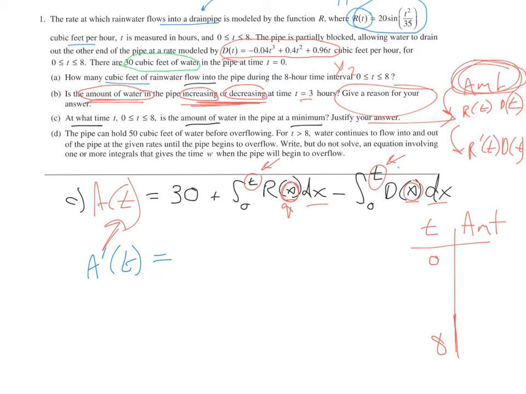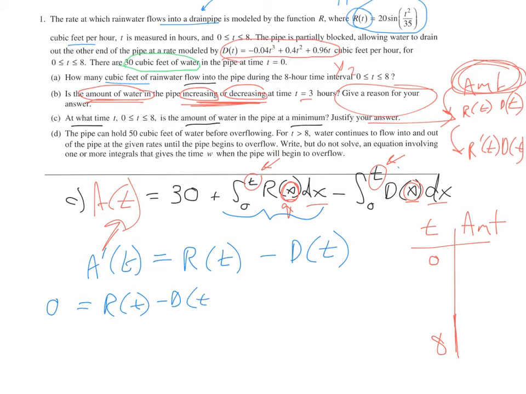Well, the derivative of 30 is 0. The derivative of an integral, this is the second fundamental theorem, is just going to be r of t minus d of t. And so, of course, I want to see where that equals 0. Where that equals 0 is a critical number.